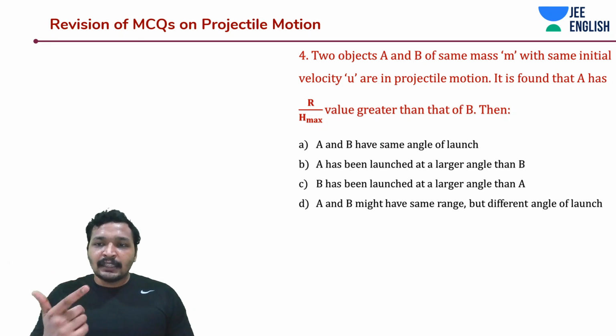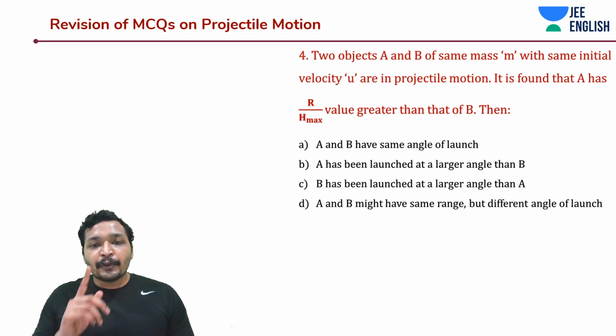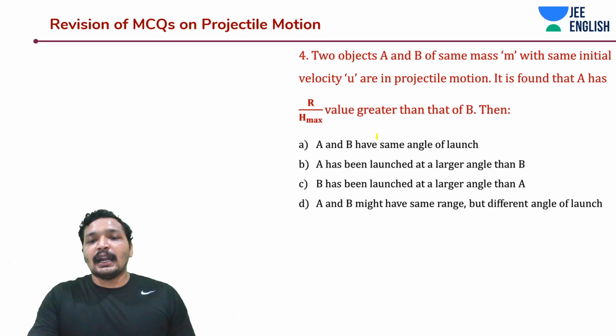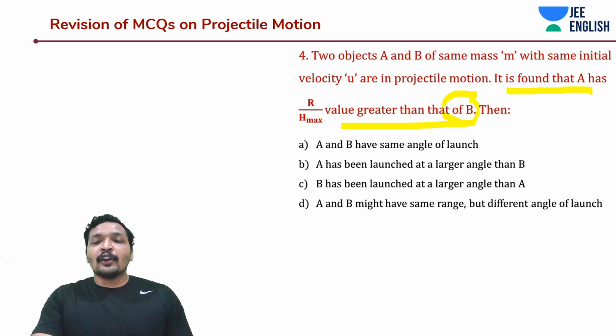Since it's the other way around, the inverse of r by Hmax is proportional to theta, or tan theta, so B is projected at a larger angle. The ratio of range and Hmax for A is greater, which means B is projected at a larger angle. The tan theta for B is greater than that for A. So the angle of launch for B is more than that of A.